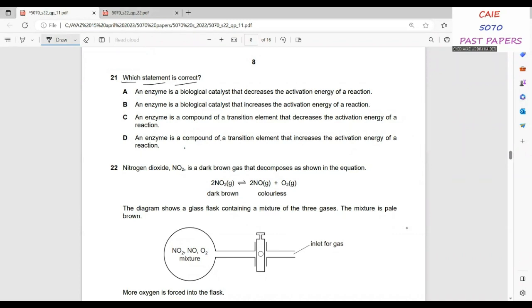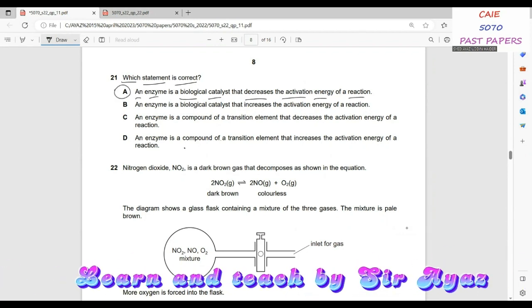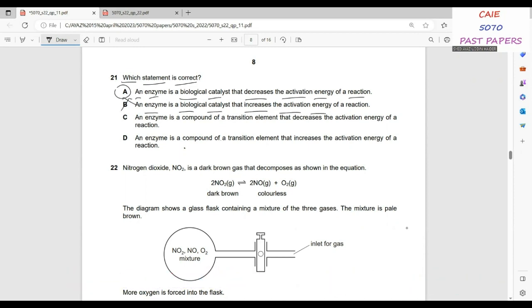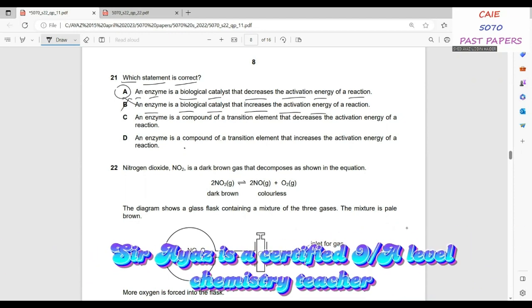A, an enzyme is a biological catalyst that decreases the activation energy of a reaction. This is the correct statement. So I will circle the statement. For your convenience, I am reading the other statements. B, an enzyme is a biological catalyst that increases the activation energy of a reaction. Wrong. Enzyme decreases the activation energy of a reaction.